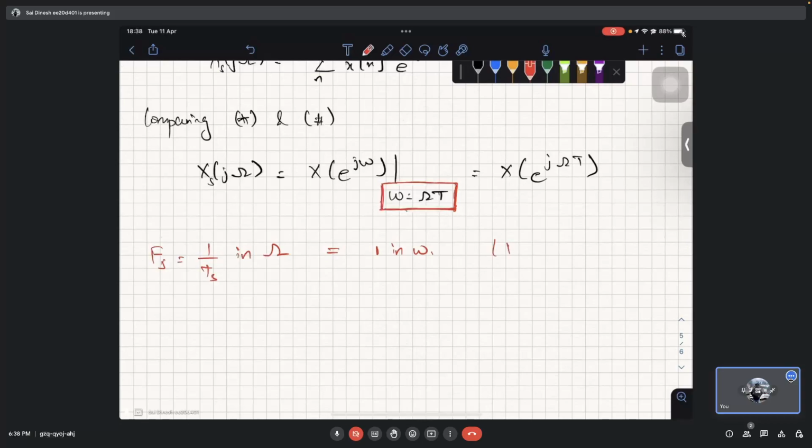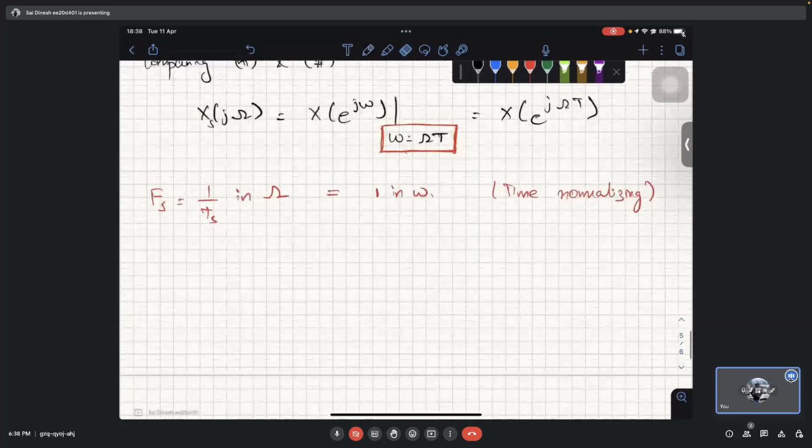So this is eventually that time normalizing thing.